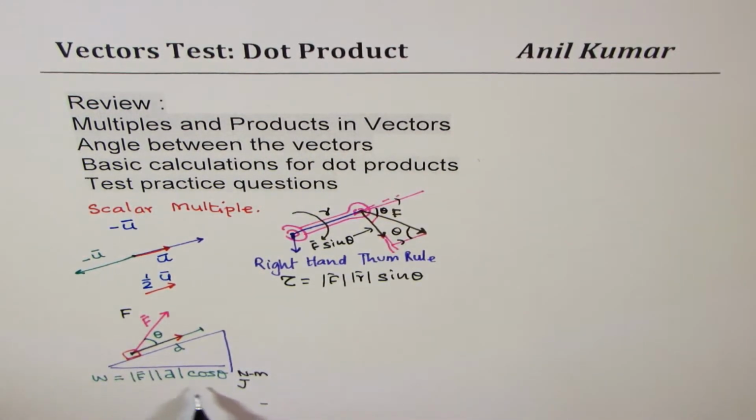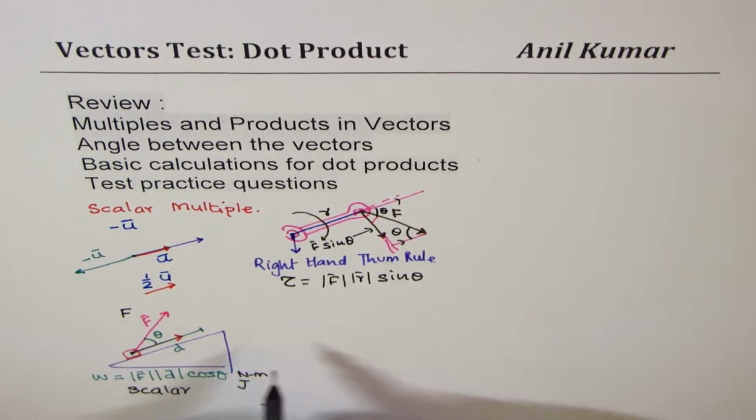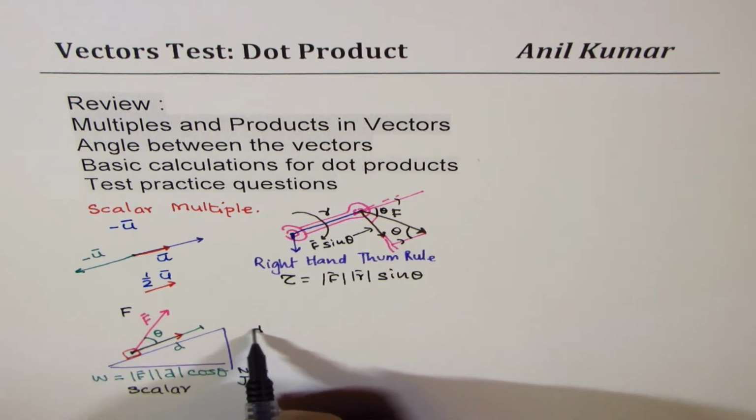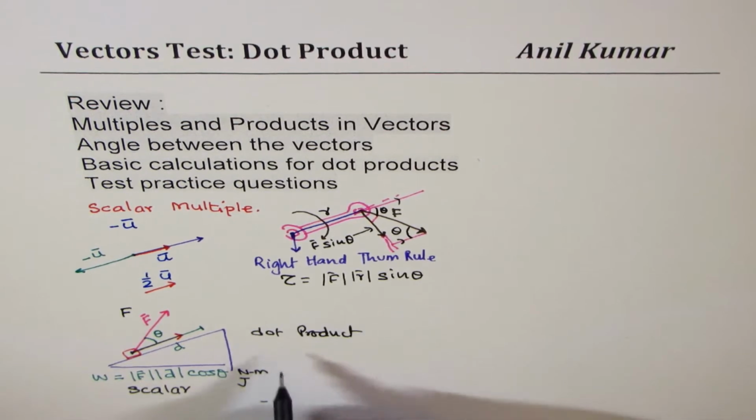The product which gives you just a quantity here, force magnitude, distance magnitude, angle, the number itself, results into a scalar quantity, right? Now to explain this, we have dot product, which we are going to work out in details.